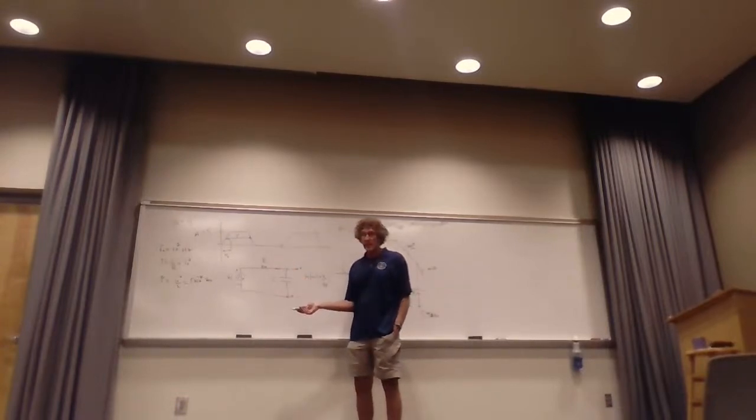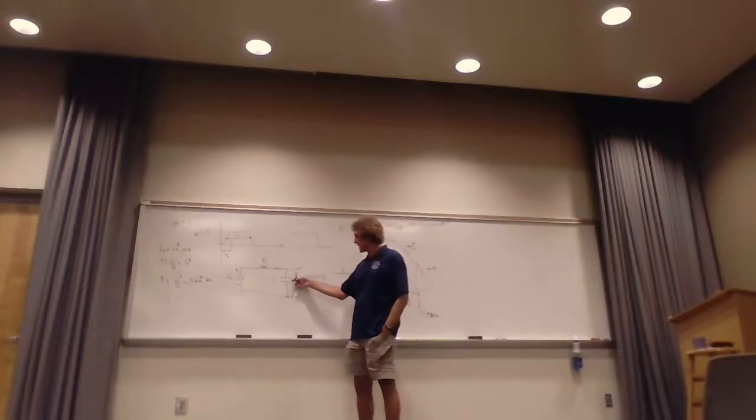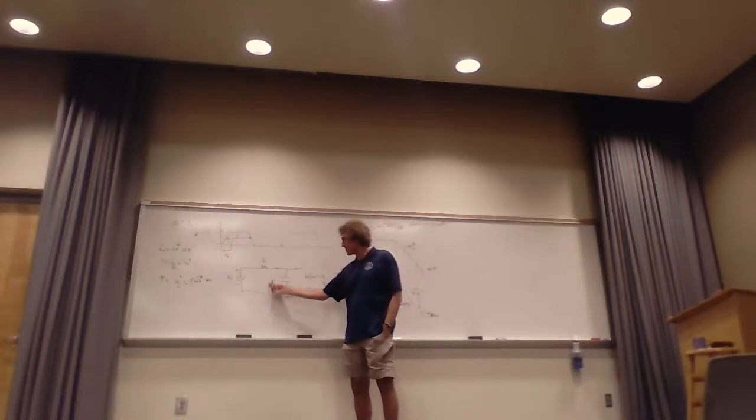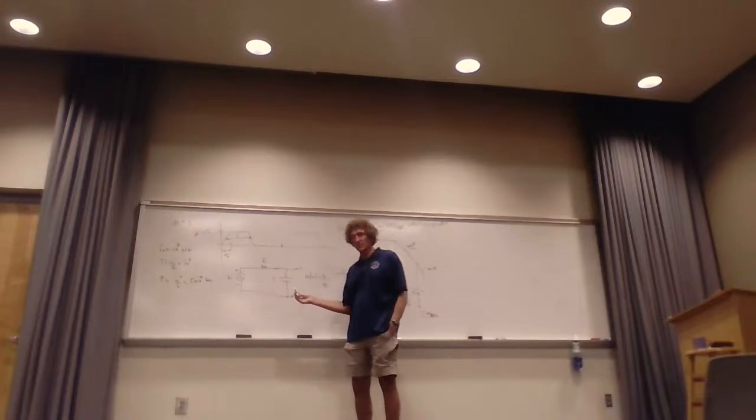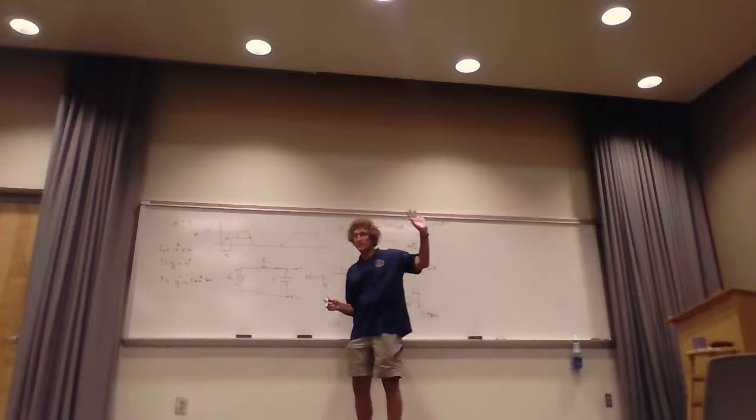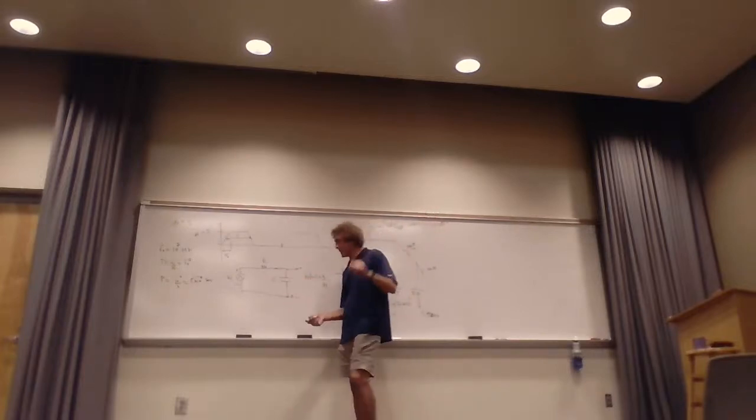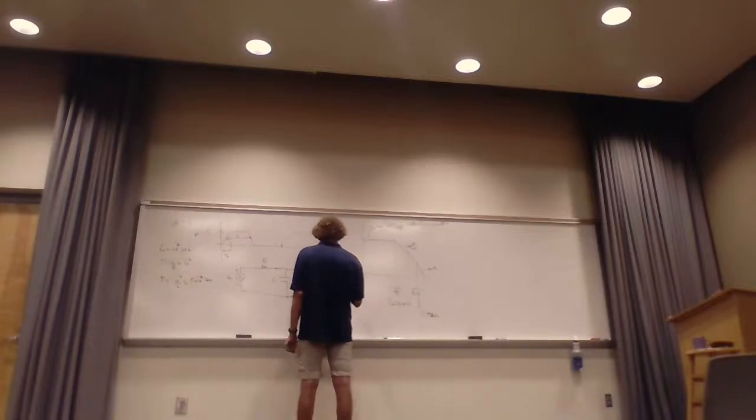Now, you can't say it'll always be this because if I had a parallel combination here, then you'd have to find the parallel impedance of those two. And if I had this in parallel with this and I wanted the current through there, you always have to have the transfer function is the ratio of the output whatever to the input whatever. Remember that.